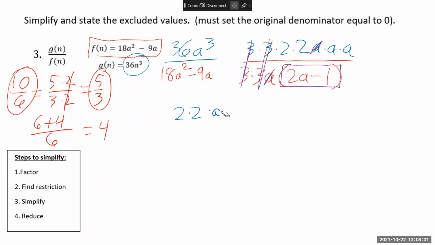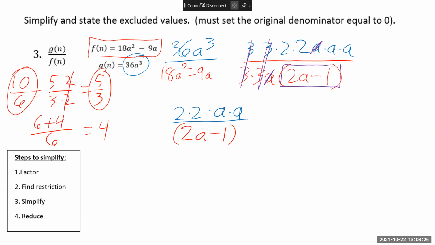And then on the bottom, I'm left with just the 2a minus 1. If it helps you, keep the 2a minus 1 in parentheses to show that it stays together. But it's not the parentheses that are important.